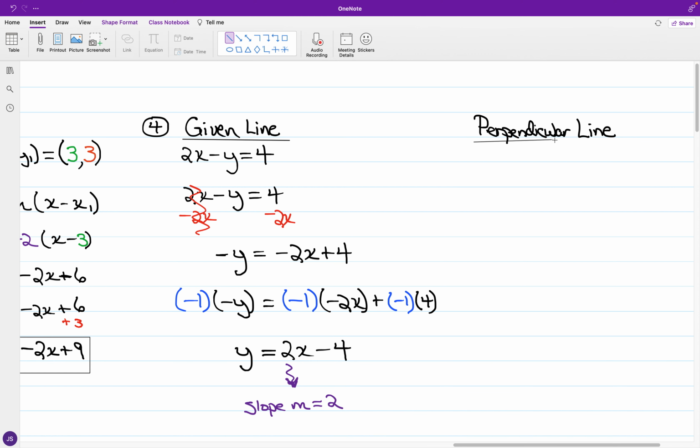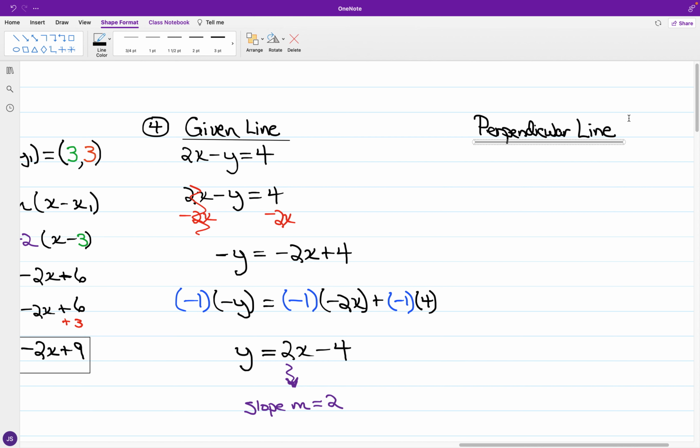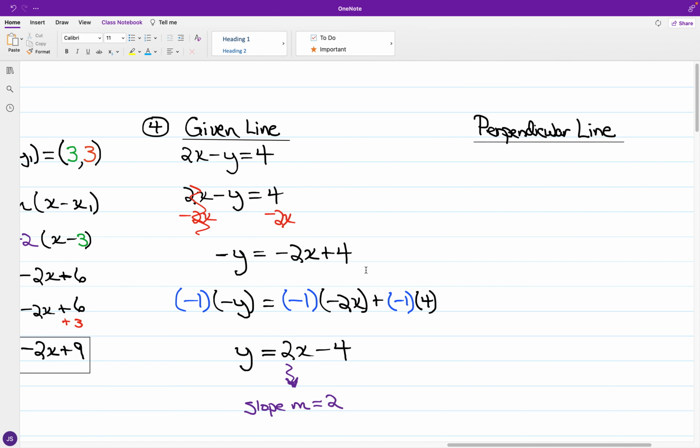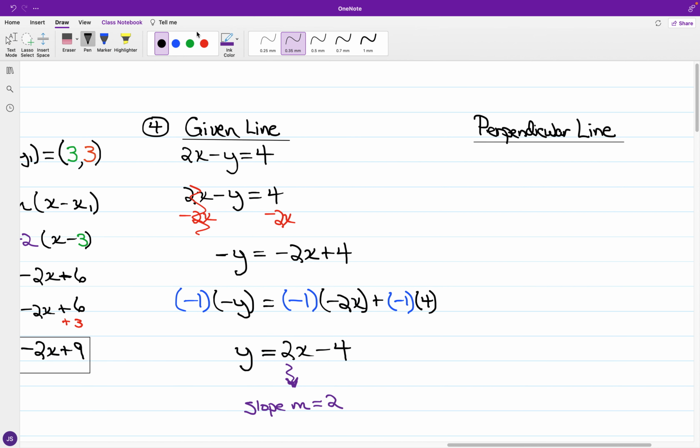Okay, so with the perpendicular line, again, the slope of the given line is 2. Now perpendicular lines will not have the same slope. Instead, the slopes of perpendicular lines will have values that are opposite sign reciprocals. So I'm going from a positive 2 to a negative reciprocal of 2, and in this case I'm going to have -1/2.